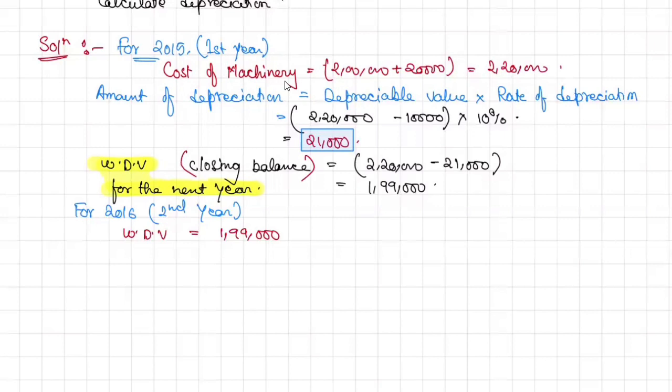So what will be the amount of depreciation? Amount of depreciation will be the depreciable value or WDV into the rate of depreciation. Correct. 1,99,000 into 10%. So it will be 19,900.